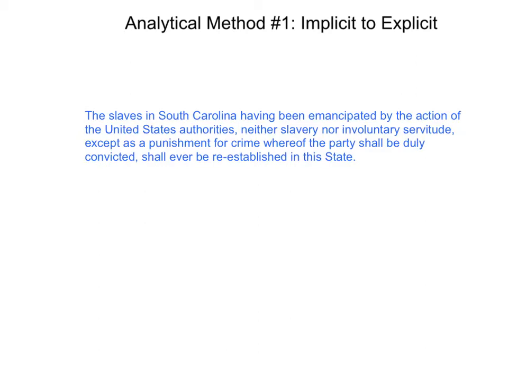Same thing with this. Implicitly, we can see that the writers of this part of the Constitution don't see slavery as a moral problem, or don't see the abolition of slavery as a government law that is good to work towards.